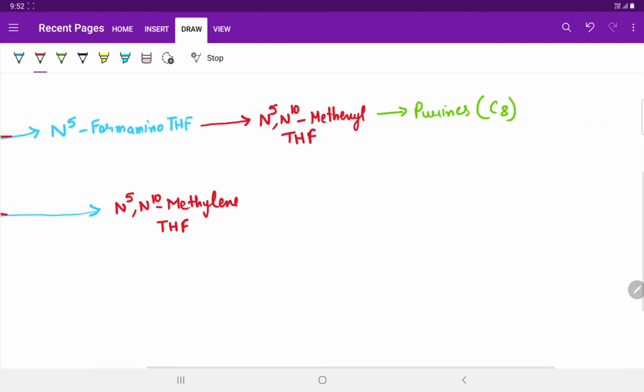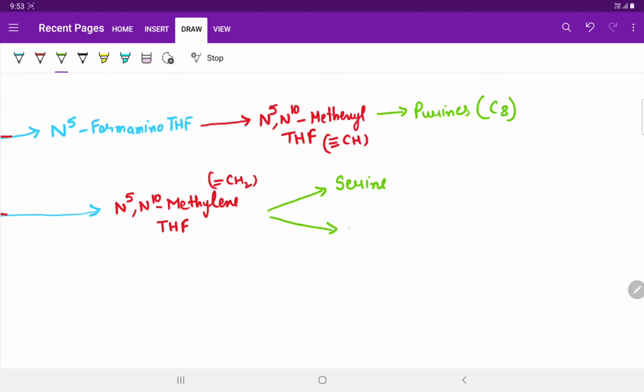So students, remember the difference between methenyl and methylene. A methenyl is a triple bond CH, whereas methylene is CH2. Now this methylene THF will lead to formation of either serine or thymidylate, thymidine, a major pyrimidine moiety.